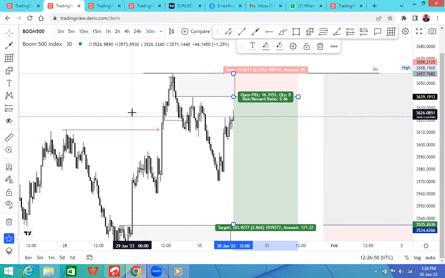And you have, what's the lowest lot size on Boom? 0.1, and Crash? 0.2. So it means that if you want to risk $15, you use 0.78 as your lot size on your MT5. So you're able to tell exactly how much you are risking.